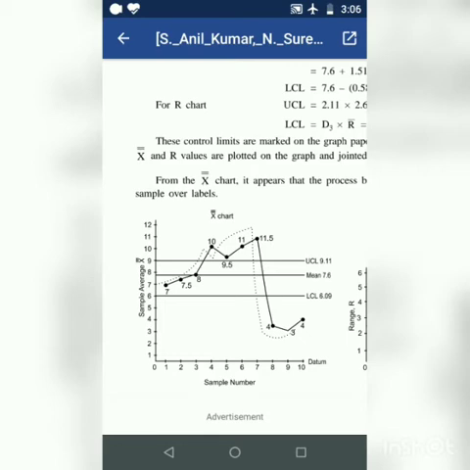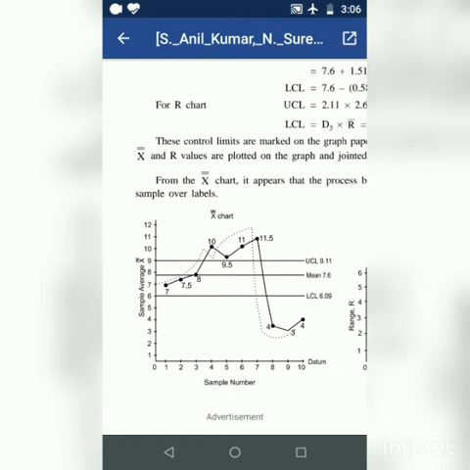Now we have plotted all these points on the graph. After plotting this graph, we will connect these points by a line, and you will find a zigzag shape here. Basically this chart will help you understand when the process is going out of control and when the process is within control.